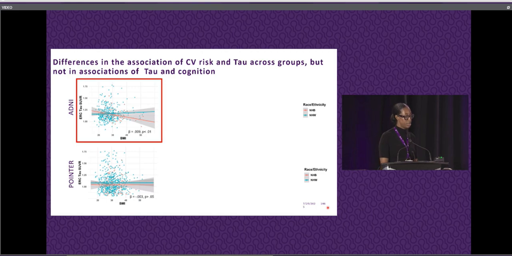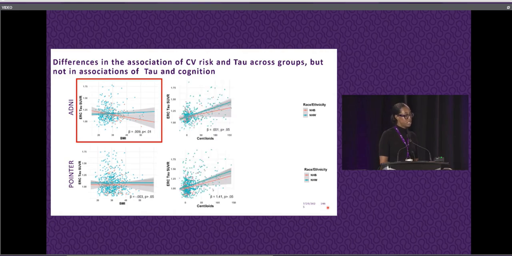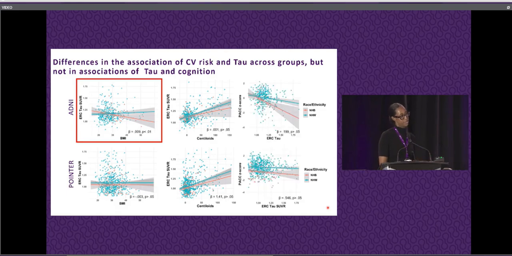However, in POINTER, we see no differences in the association of BMI and tau across ethno-racial groups. When we look again at that positive association between amyloid and tau, we see no differences in the strength of this association across ethno-racial groups in either cohort. And importantly, when we look at the association between entorhinal tau and cognition, this negative association, again, is not different by ethno-racial group in either cohort.